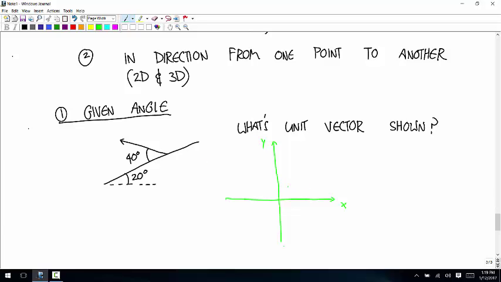I can draw a vector like this, where this angle is 20 degrees. That vector is parallel to that incline.